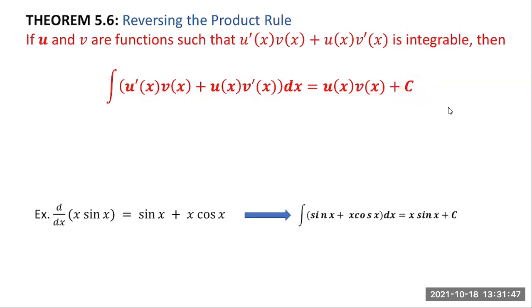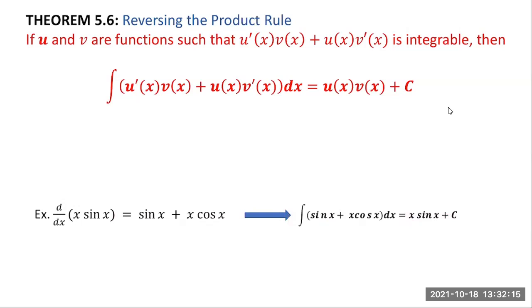Here is an example. We all know that the derivative of this product, x times sine x, is the derivative of x, which is 1, times sine x, plus you leave x fixed and take the derivative of the second function, which is cosine x. Now, if you integrate this function over here, you should get your original function, x times sine x, of course plus c, because you are talking about an indefinite integral.